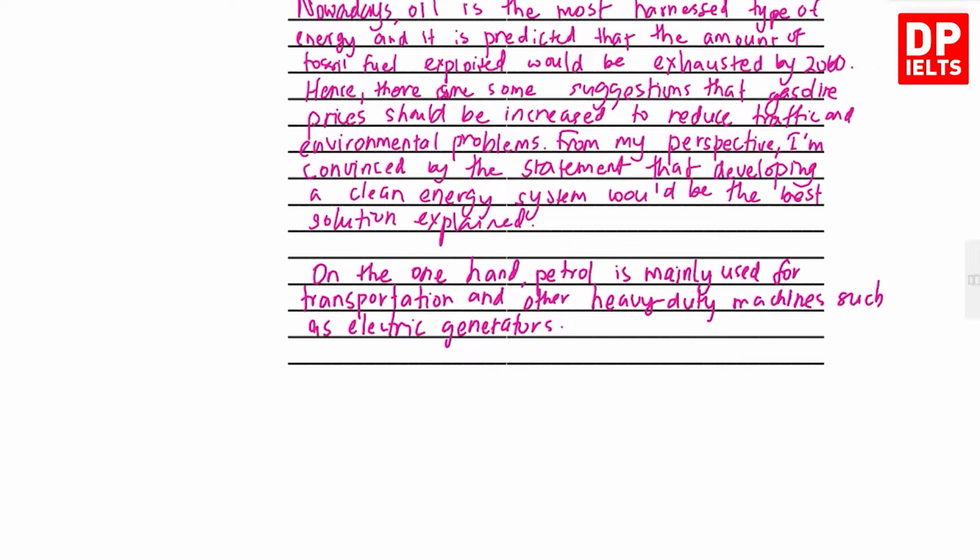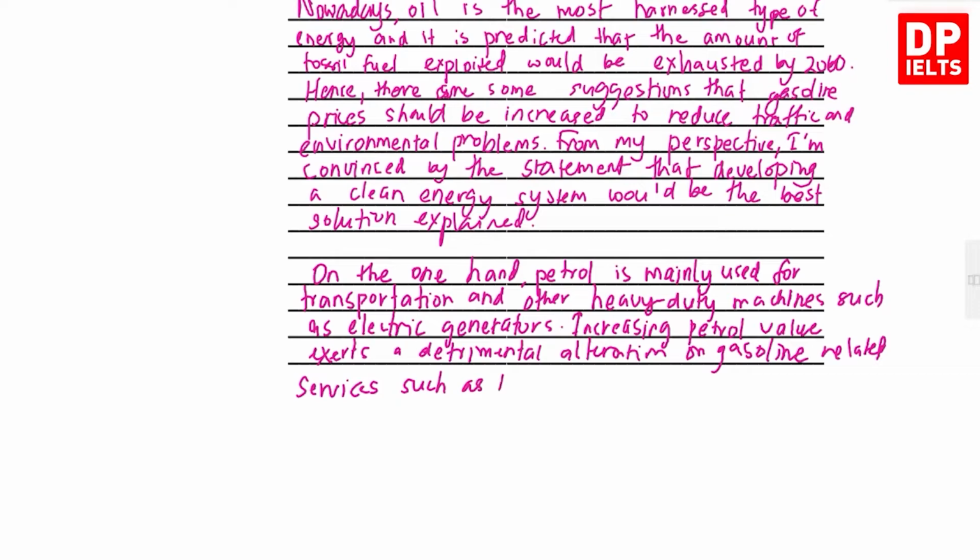Increasing petrol value exerts a detrimental alteration on gasoline related services such as taxi.